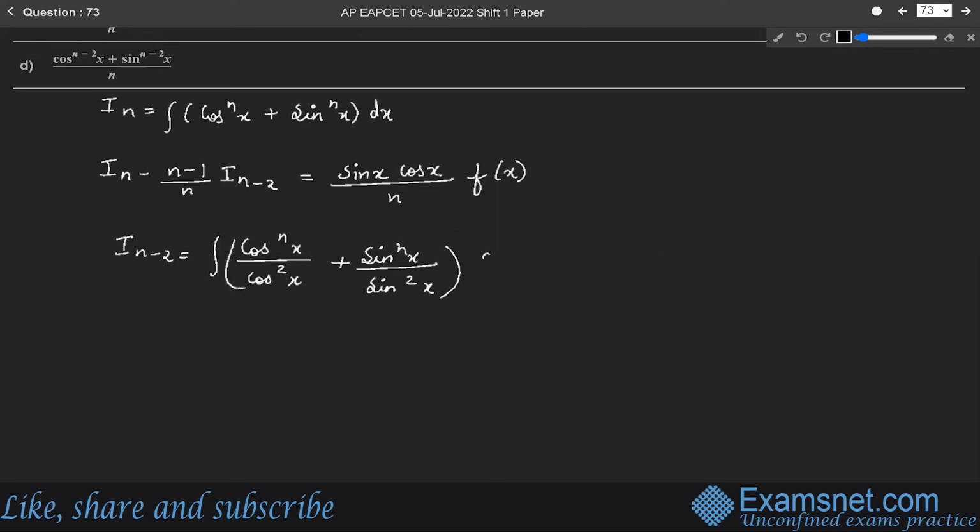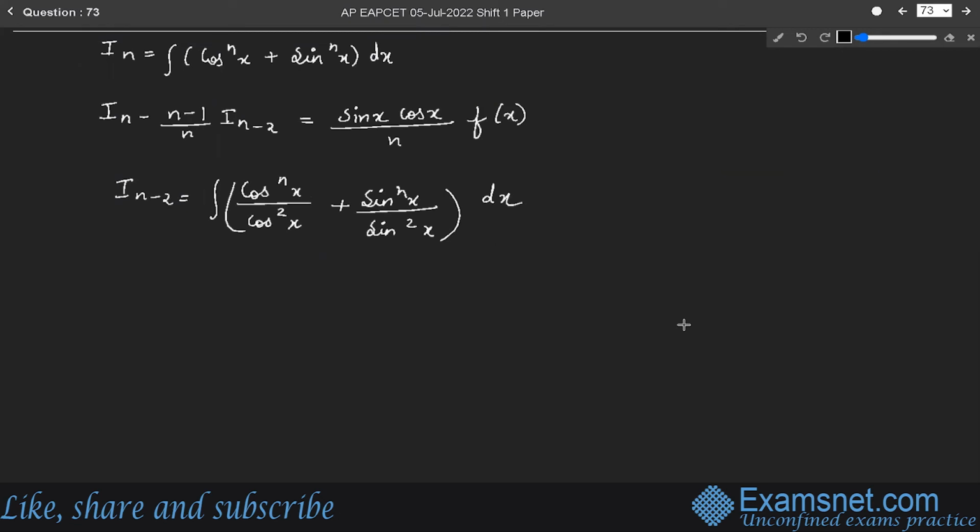dx. This can be further written as I is equal to integral of cos power n minus 2 x into cos square x. We have to apply the formula for first into second. So it becomes cos power n minus 2 into d by dx of cos square x.